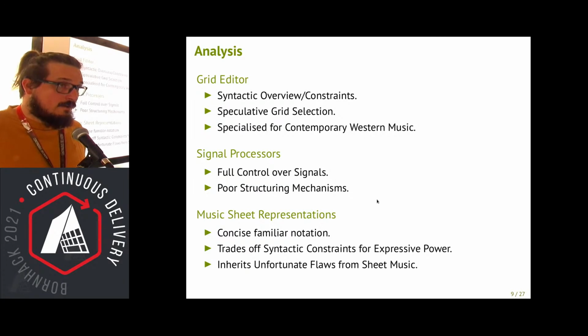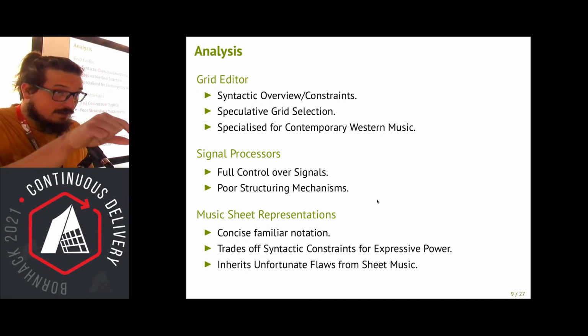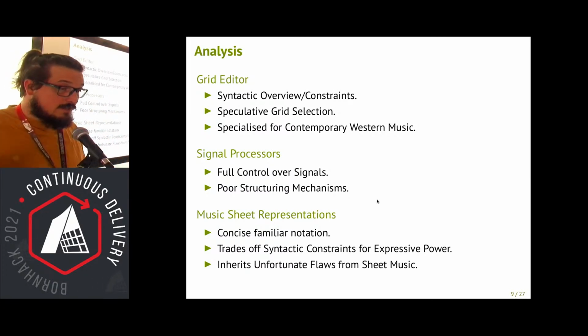On the other hand, you'll have to speculatively select a grid like this. And if you select the wrong grid, you either have to turn off the grid and draw in your events by hand, which is very tedious, or you have to change the grid and start over.